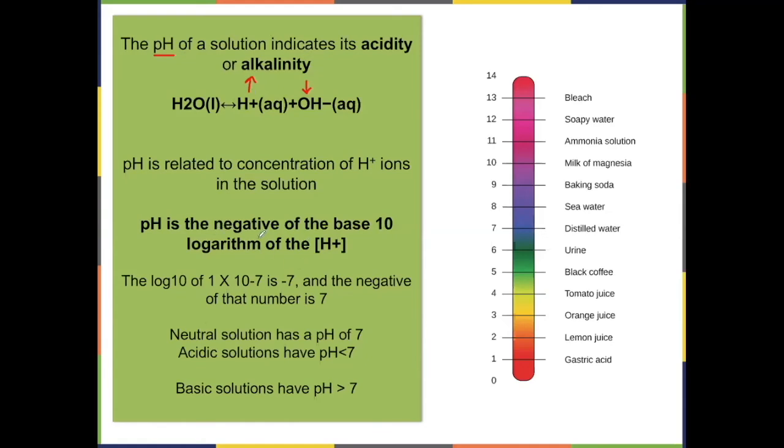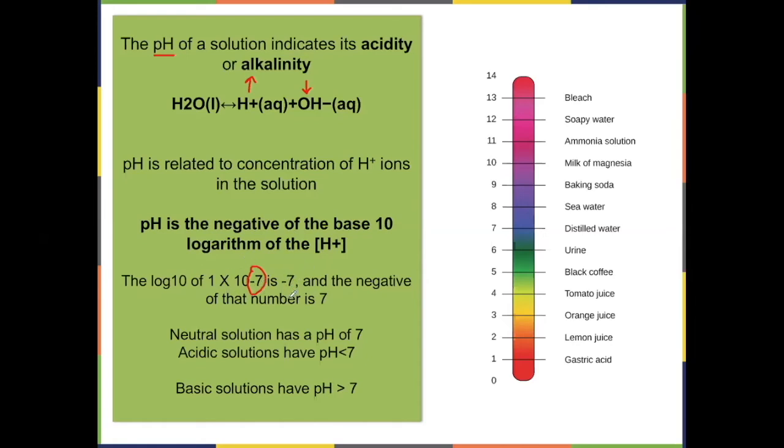So pH, the way that we do the calculation, is the negative base 10 logarithm of the H plus concentration. The log of 1 times 10 to the minus 7 is minus 7, and the negative of that number is 7, right? So basically to do logs, if it's 1 times 10 to the something, you take that exponent, and the log is kind of undoing the exponent action, right?